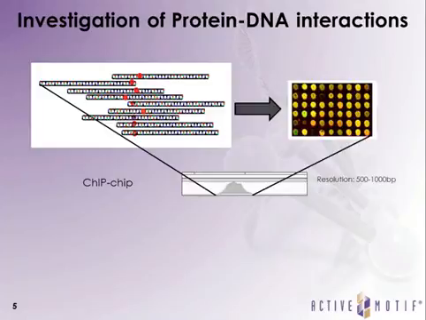You then ran this across a microarray containing oligos for the whole genome, and what you would get was an identification of where the protein was bound, and it would result in basically a very large peak with a resolution of about 500 to 1,000 base pairs, which wasn't really an identification of the sequence per se where your protein or transcription factor actually interacted with the DNA, but it gave you a general idea of where that sequence might be found.